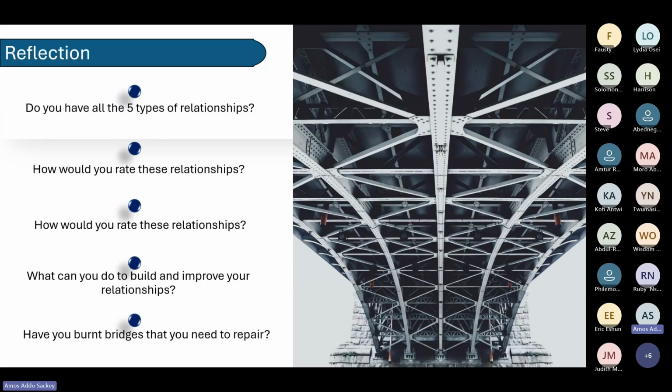And then, have you burnt some bridges that you need to repair? Do you have all these 5 relationships in your life, and are they functioning very well?